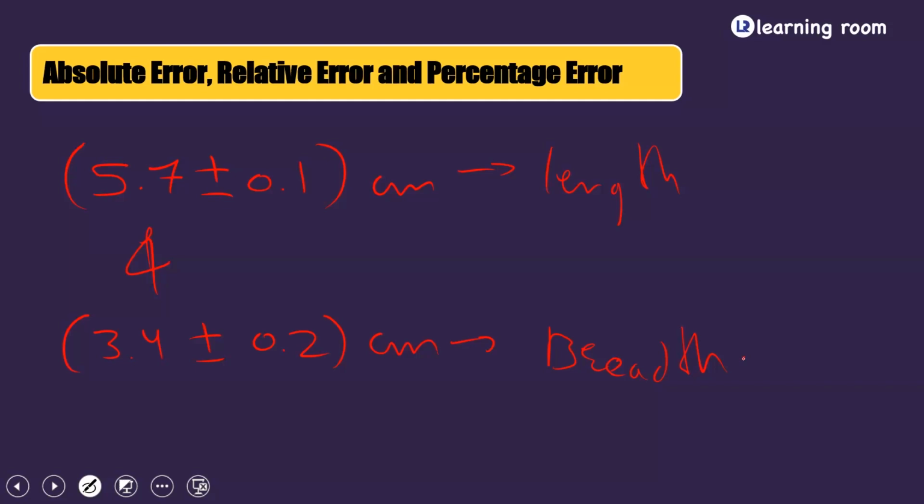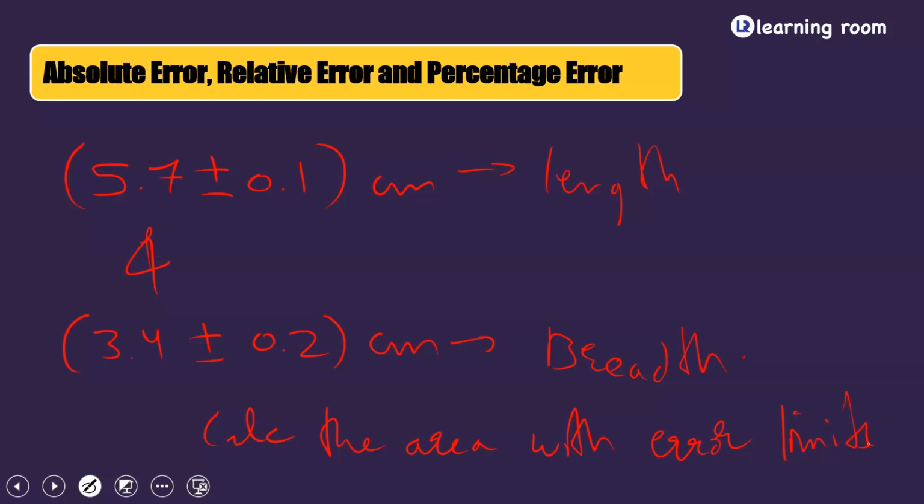Calculate the area of the rectangle with error limits.